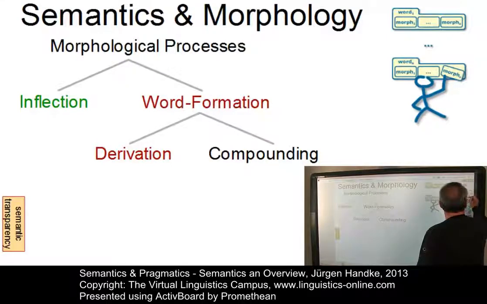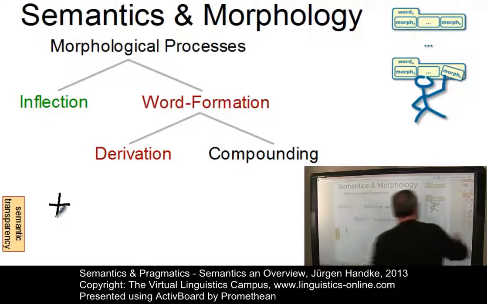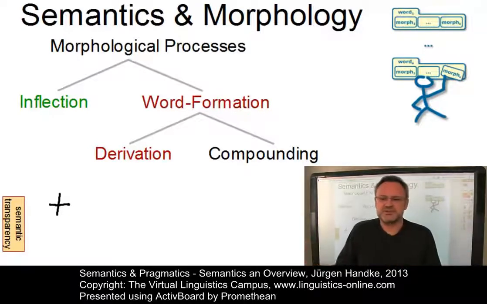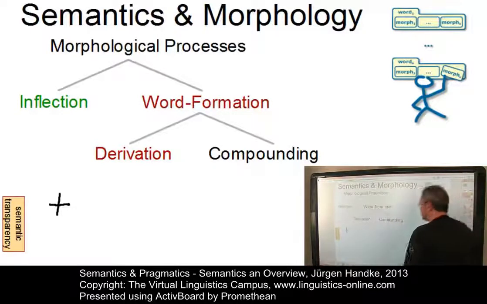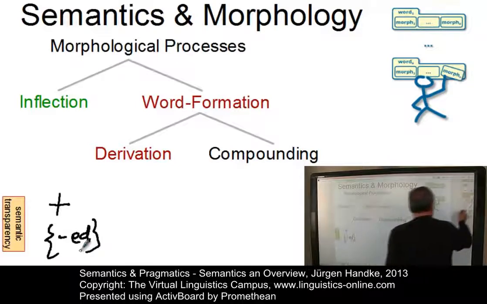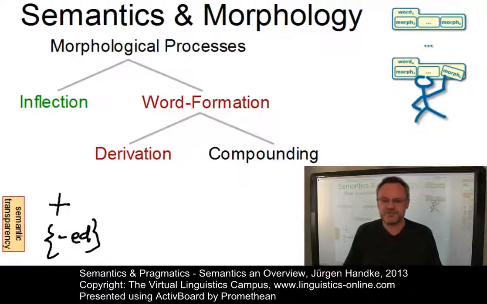So let's mark this with a plus symbol. Inflection doesn't involve a change of the basic form's meaning, and the affix, if there is one, can clearly be associated with a fixed meaning. Take the present-day English affix ed, here represented orthographically, which clearly means past time reference.